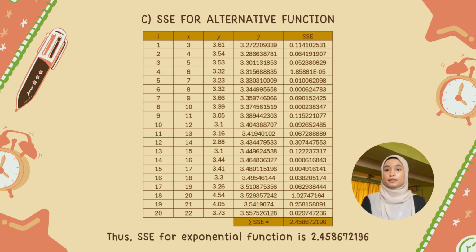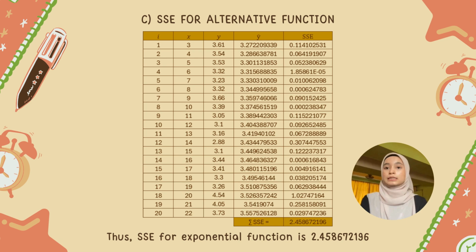So to find the SSE for our exponential function, we need to know the value of y, also the y bar. The value of y bar is we use the function of y equal to 3.2293 exponent 0.0044x, and we substitute the value of x into the function. So to find the SSE, we need to substitute y with the y bar and square it.